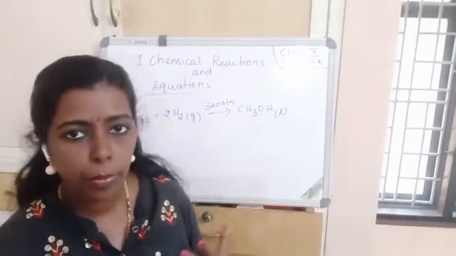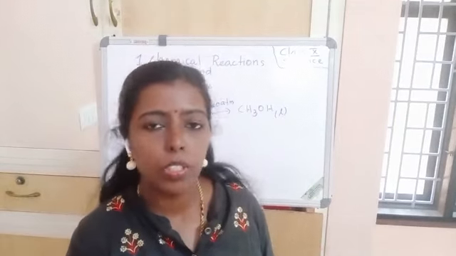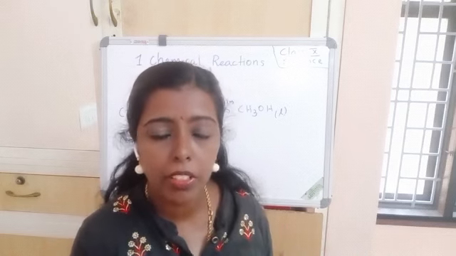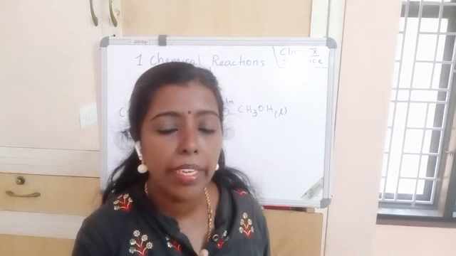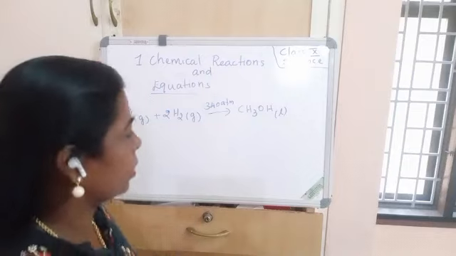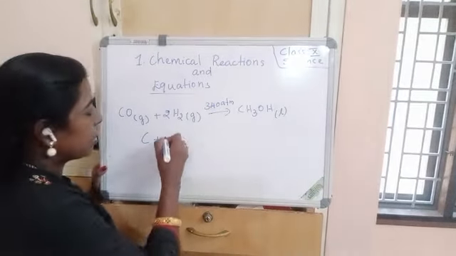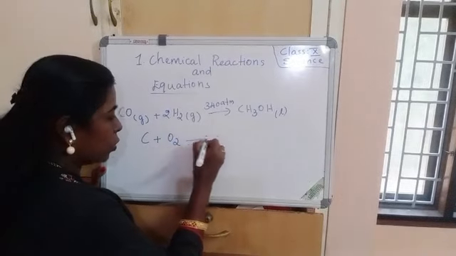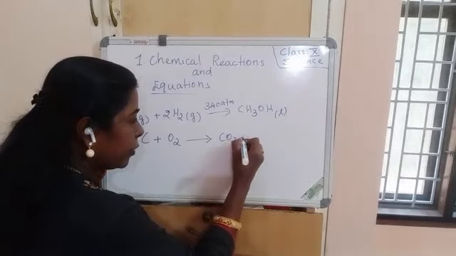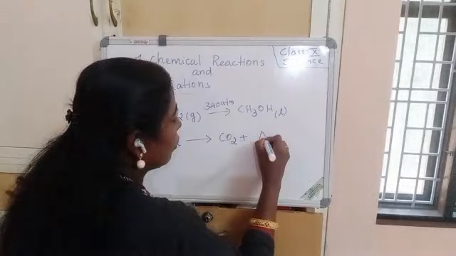When we conduct some experiment, reactants react together to form products. While the product is forming, some heat is evolved. For example, burning of charcoal, that means burning of coal. Carbon burns with oxygen to form carbon dioxide, and a large amount of heat is evolved.